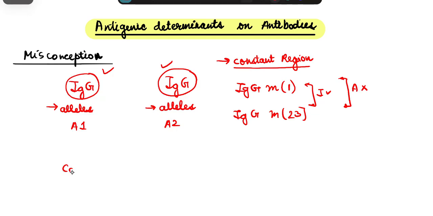Also please remember, when I talk about the constant region, the constant regions can be of the heavy chain and can be of the light chain also. This is the concept of isotype only. Let me change the color.